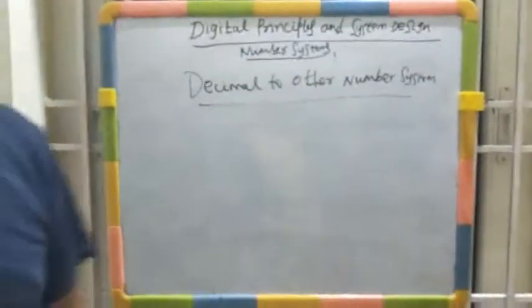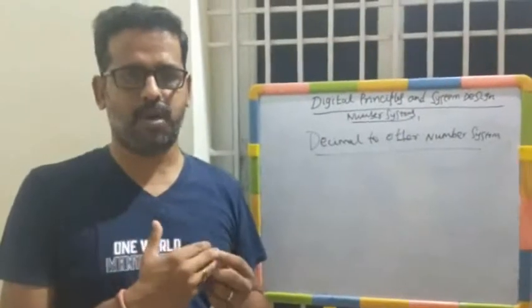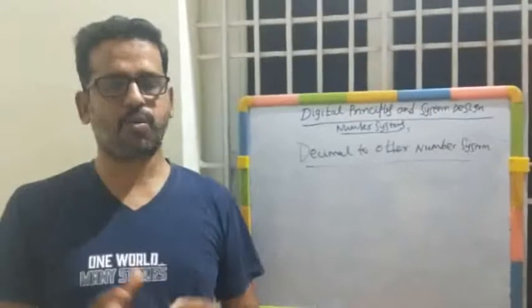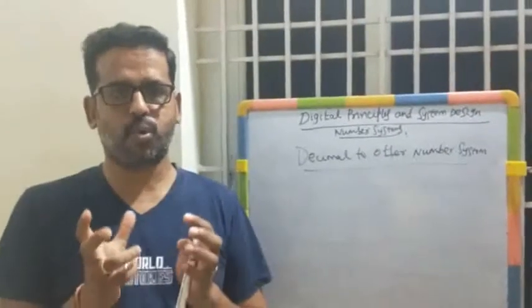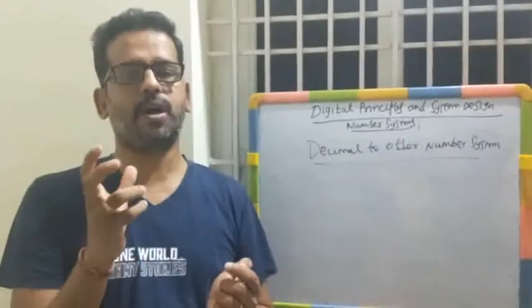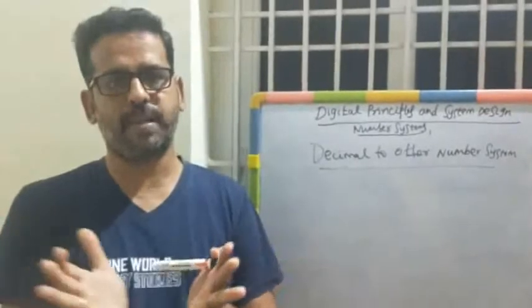There is a common procedure for this conversion. If you are trying to convert a given decimal number to any other number system, you have to split the given number into two parts, the integer part and the fractional part, and apply a separate procedure for each. Then you combine the results.